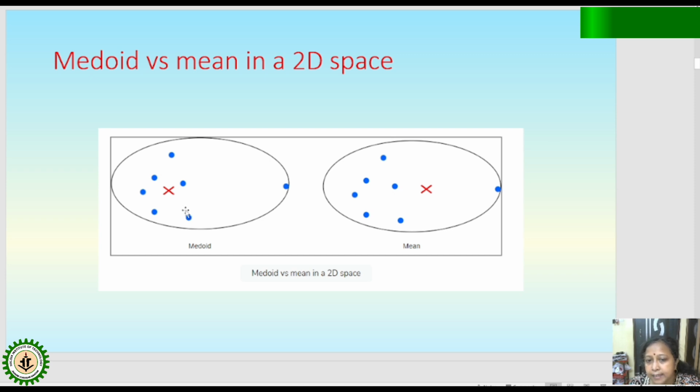Now we can see, if we take a medoid, what happens? Here it is not influenced by the outlier, because the medoid's value is taken from one of the data points. But in case we take the mean value, it can be influenced by the outlier.